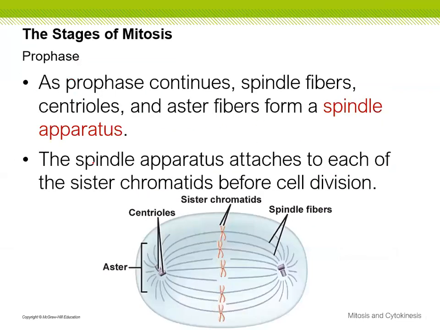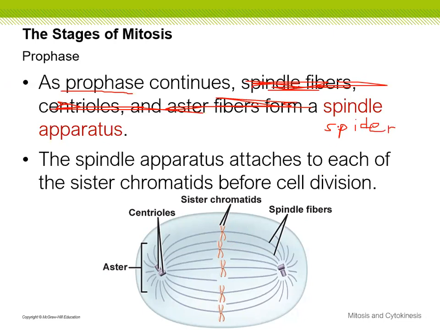So as prophase continues, all these different things start happening. We get something called spindle fibers, centrioles, aster fiber. You don't need to know that. What you really need to know is we create something called a spindle apparatus. I like thinking about this as a spider apparatus because it's kind of like a web, and it looks like a web.